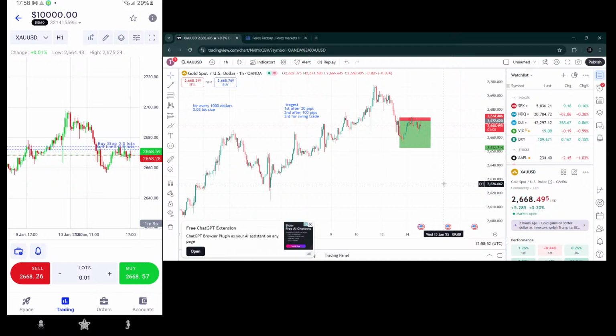For example, market is right now at 2668, and market for example goes down to 2660. From 2670 to 2660, this is like $10. How the market behaves in this $10, it will behave the same in 2560 or 2460.